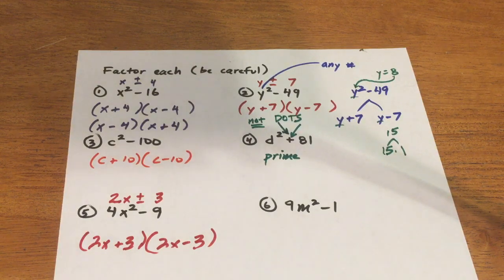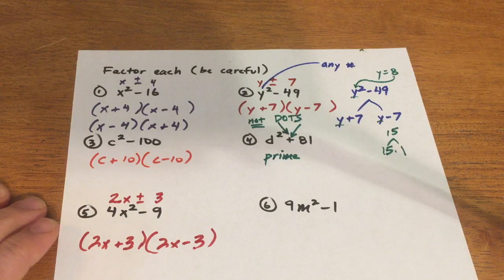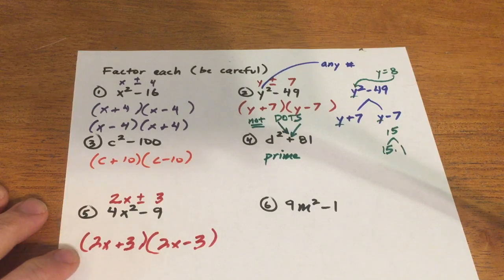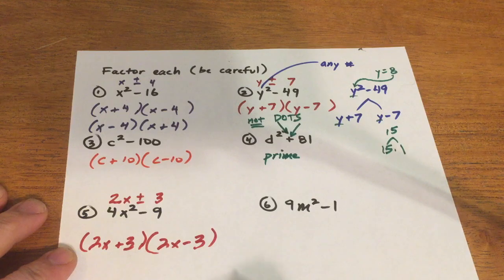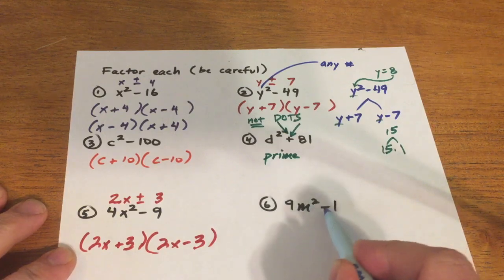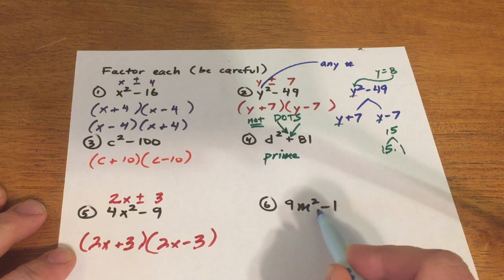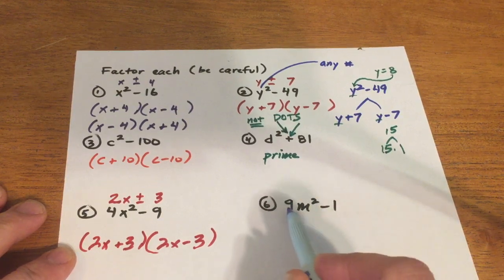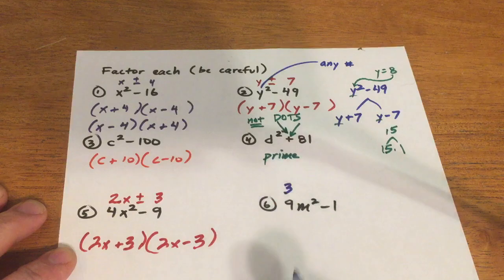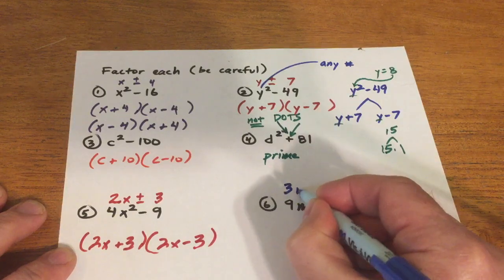Okay, let's take a look at problem number 6. Hopefully you got the quantity 3m minus 1 times the quantity 3m plus 1. Let's go ahead and go through that. So we have, again, the difference. It's got to be a minus in the middle, and here we do have that. So let's take our square roots. Square root of 9 is 3. Square root of m squared is m.